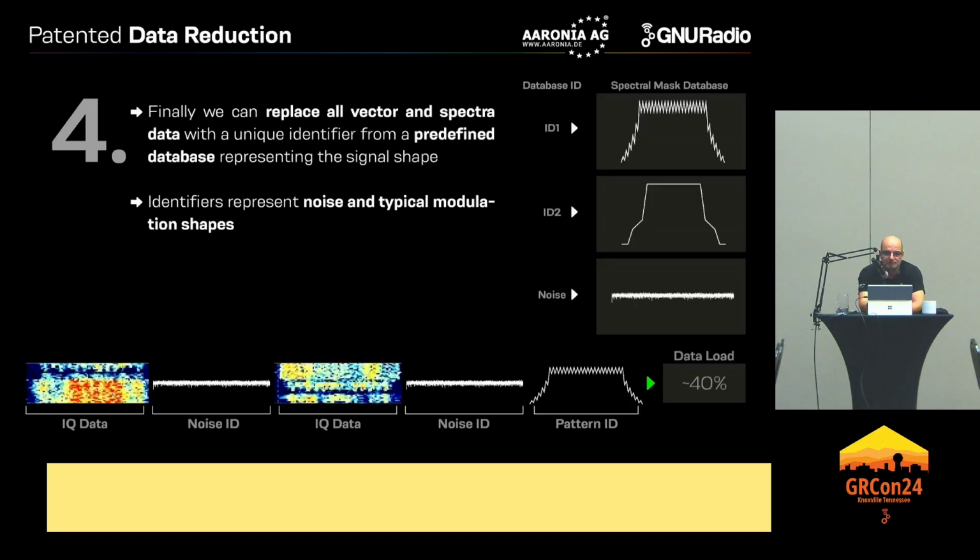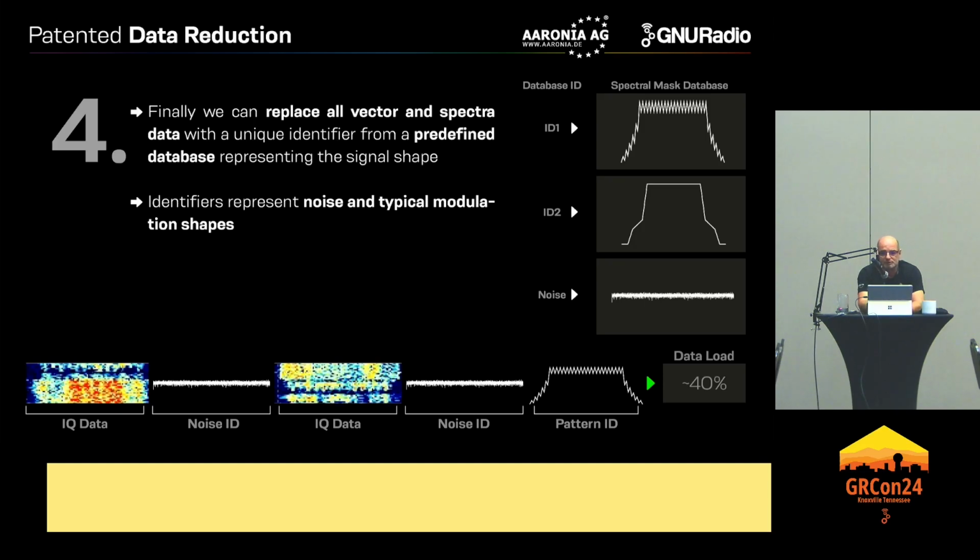And finally, if I identify a special pattern, let's say Wi-Fi, why do I need to transfer that as spectra information? I could simply say, hey, this is a Wi-Fi at this and this frequency, and just send this information instead. And later on the PC, I pull it from a database and replace it by this optimized vector graph. And that's exactly what we're doing in the fourth step. It also works with noise, of course, because then I don't see a line.